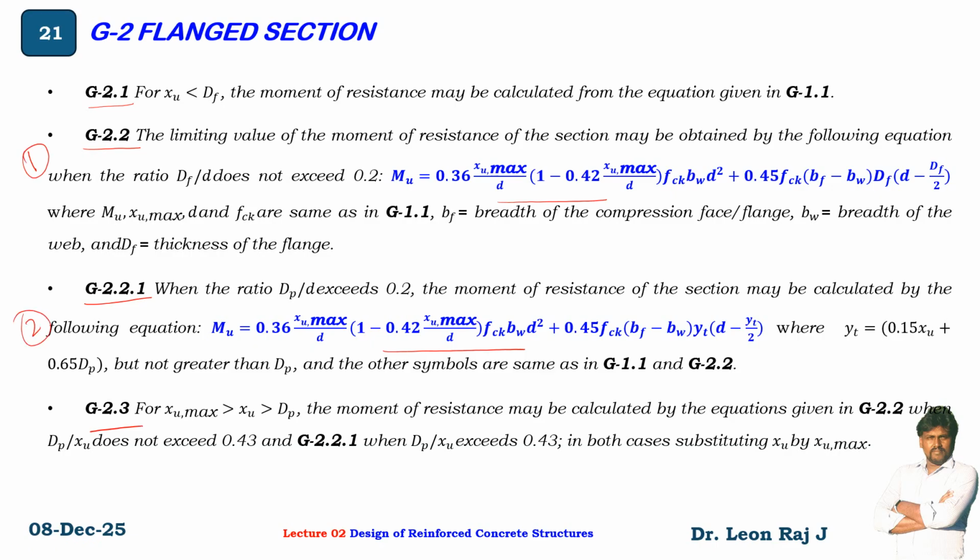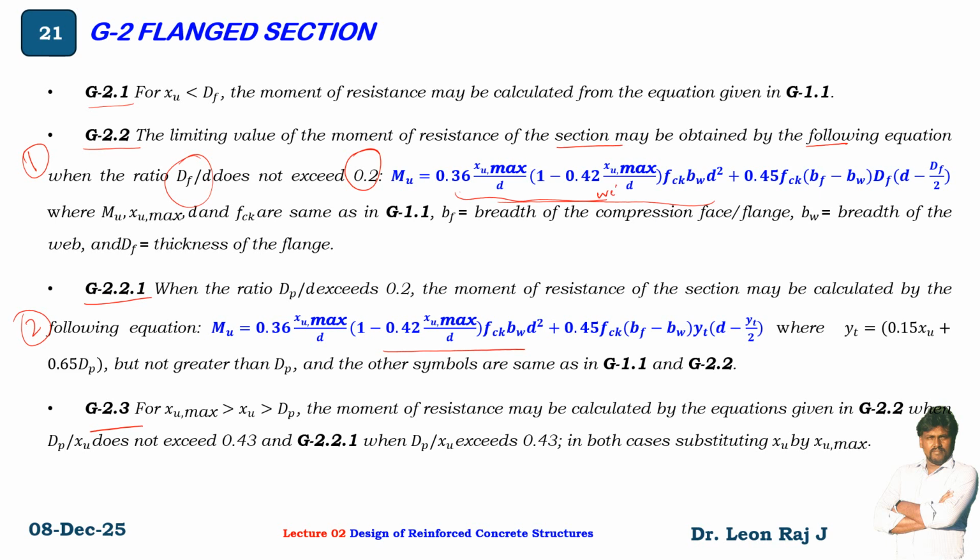In case 1, when Df by d does not exceed 0.2, the limiting value of the moment of resistance of the section may be obtained by the following equation: Mu equals 0.36 Xu max by d into (1 minus 0.42 Xu max by d) fck bw d square.